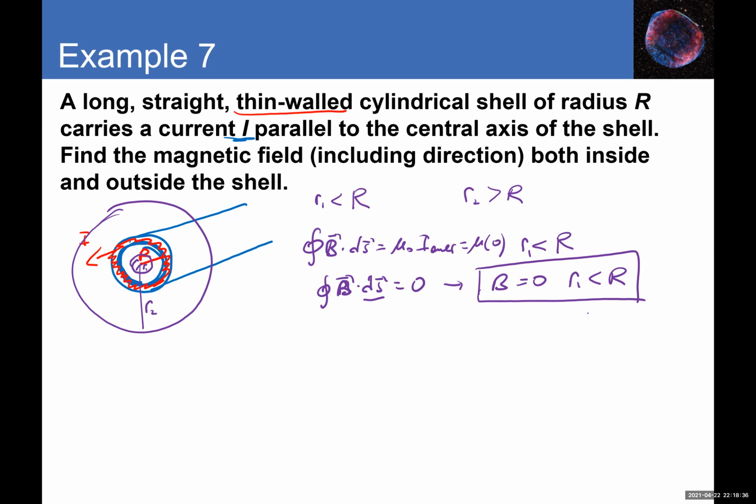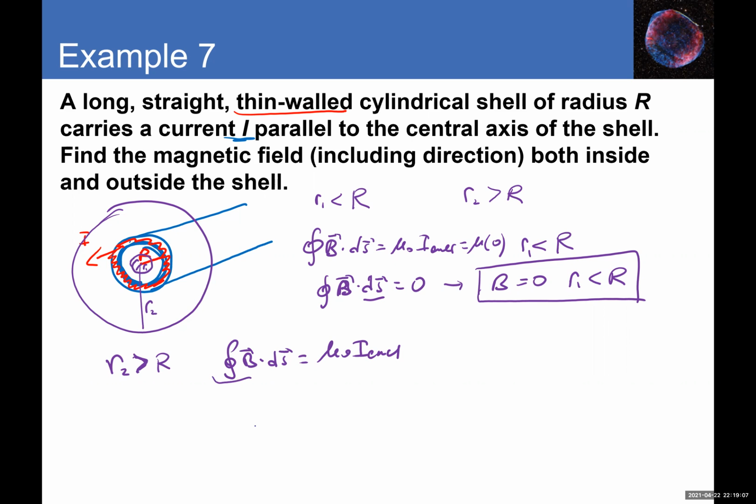Now let's look at the outside. That means I have an Amperian loop big enough to enclose the entire shell. For R2, which is greater than the radius, the closed integral of B dot ds equals mu naught I enclosed. Along that path, the magnetic field is constant.